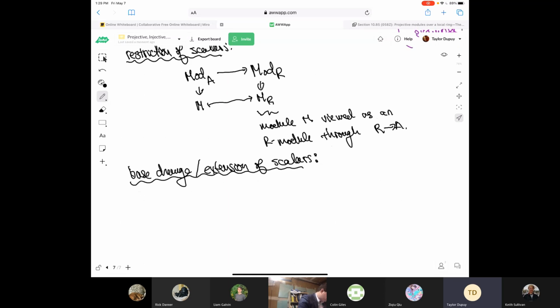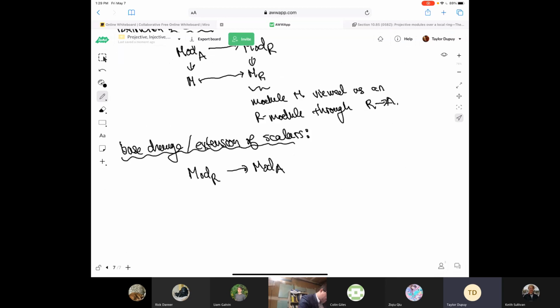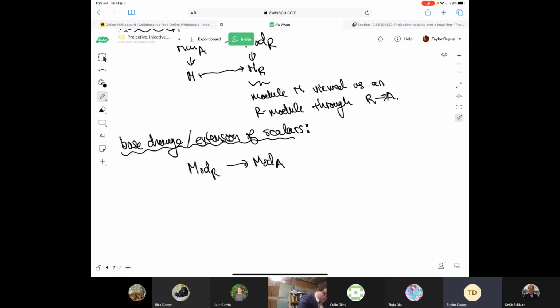Given this map, I can take an R module and turn it into an A module.